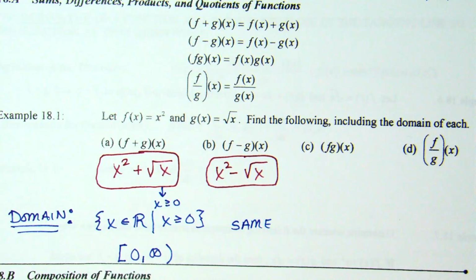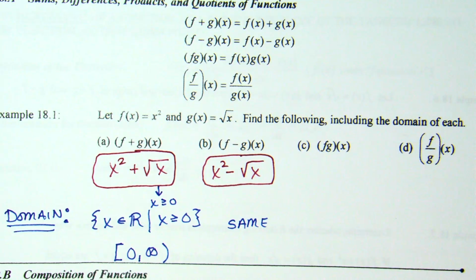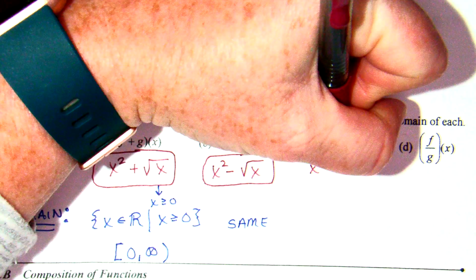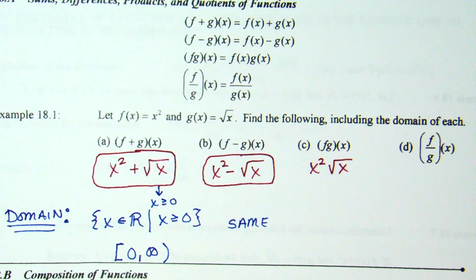Okay, fg of x would be x squared times square root of x. Can that be cleaned up? Yeah. Thoughts on how to clean it up? Change the square root to raise to the half.